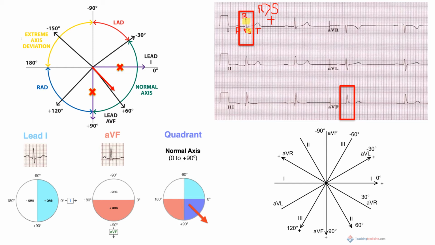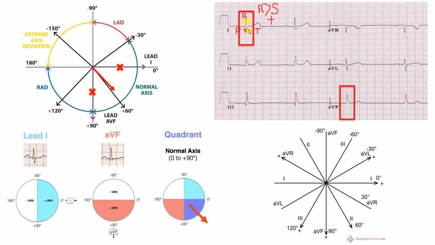I'm going to show you how to present that on this hexaxial axis that we have right here, this circle with all the different degree angles. But let's take a look at the AVF first. You're going to do the same thing.